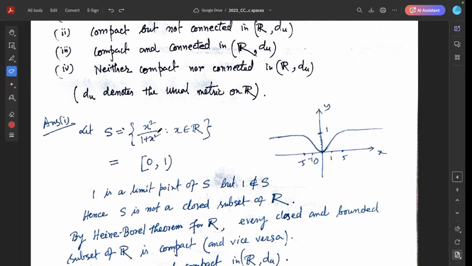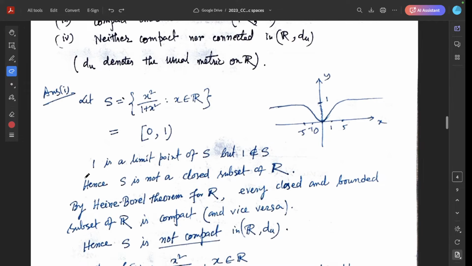If we put x as a real number and draw the graph of f(x) = x²/(1+x²) with the Desmos app, we can find this picture. So S is the set of numbers from 0 to 1, where 0 is included, the closed end, and 1 is open.